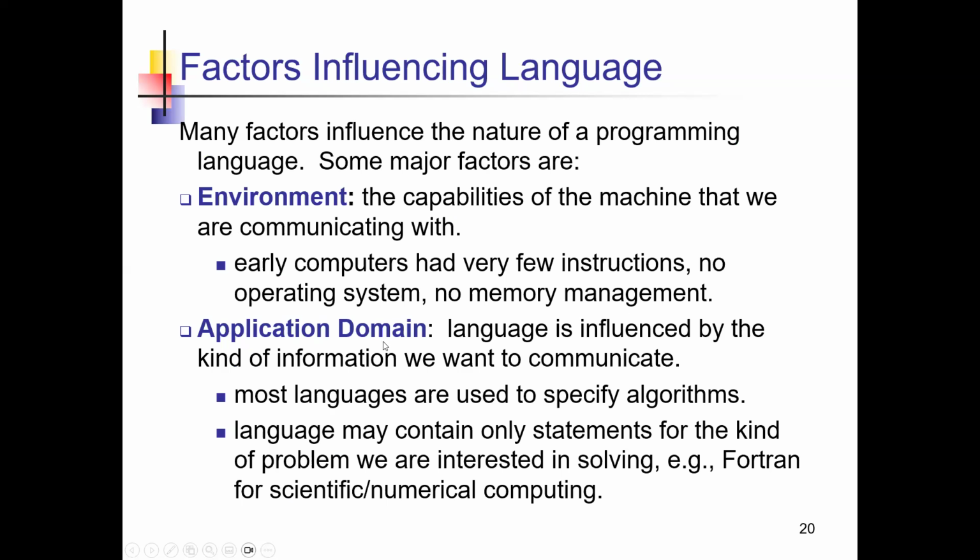Now, application domain: language is influenced by the kind of information we want to communicate, and also the type of problem we want to solve. So, for example, if I want to solve an AI problem in a very quick way, developing a rapid system, maybe I may use a functional language instead of an imperative language. Again, it depends.